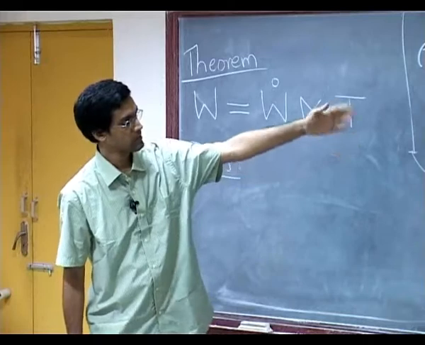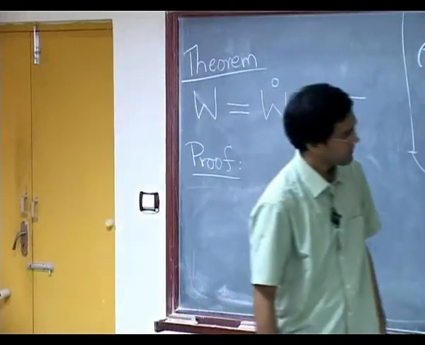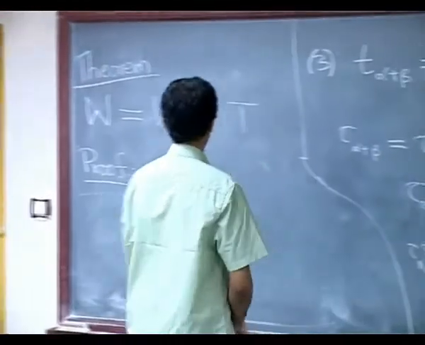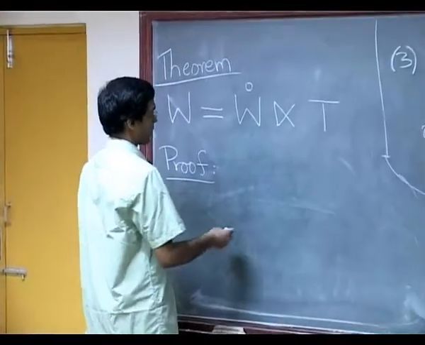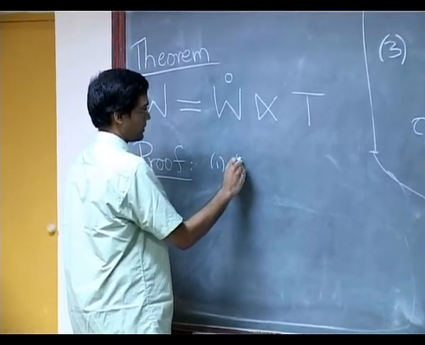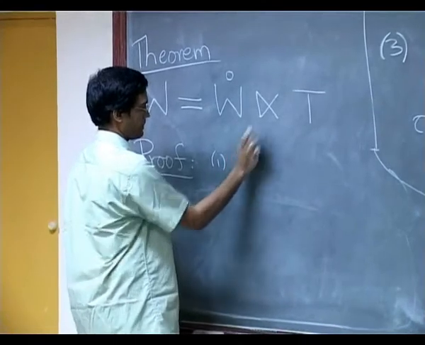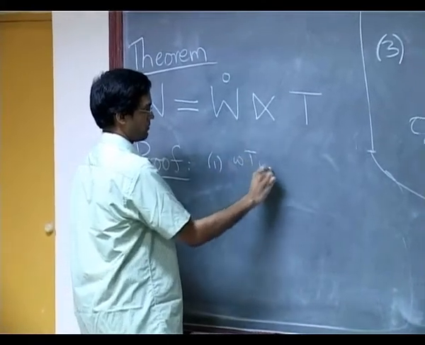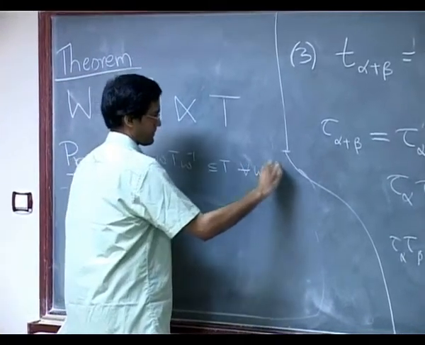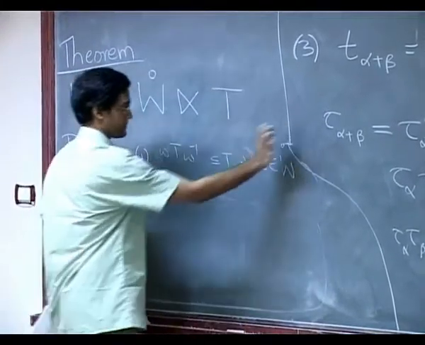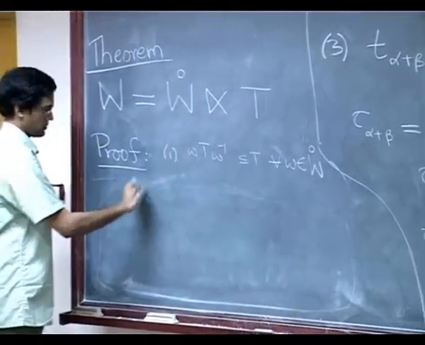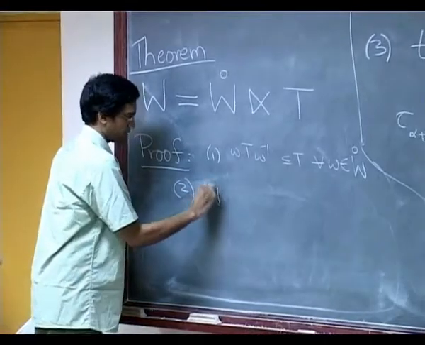It says that W naught normalizes T. So, proof: observe already we know that W naught T W naught inverse is a subset of T. That we have proved.